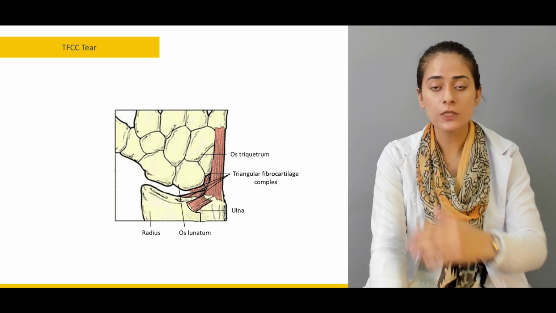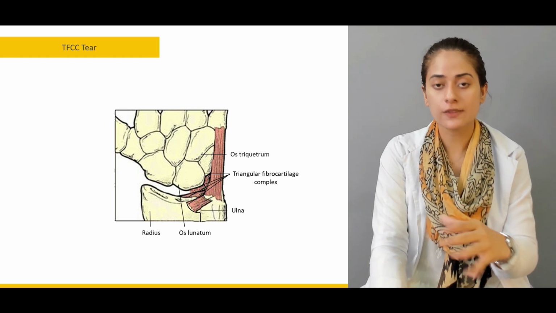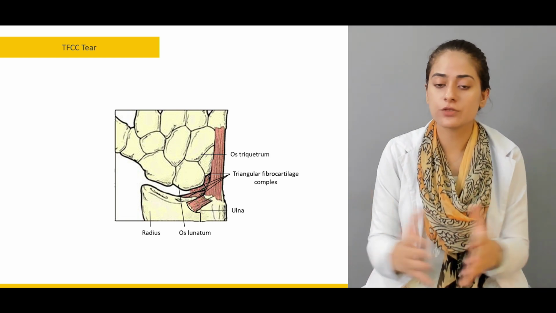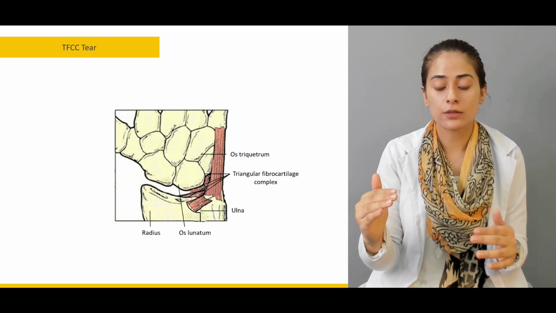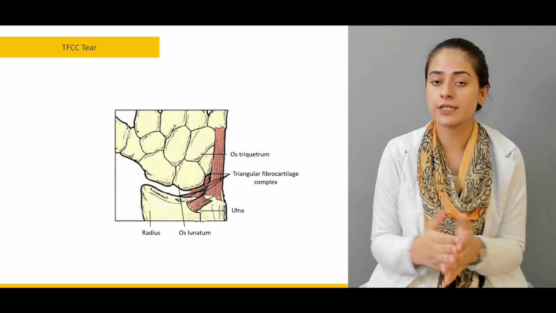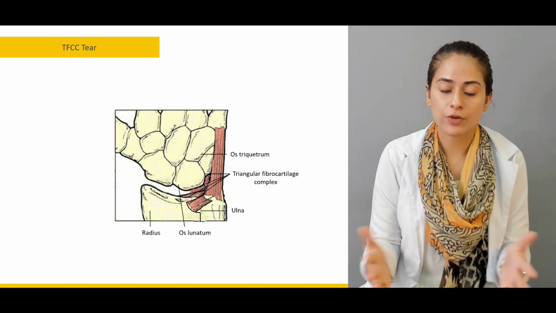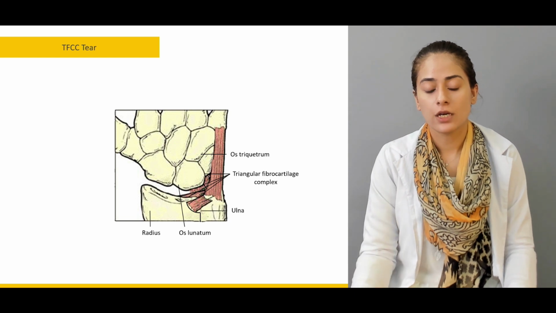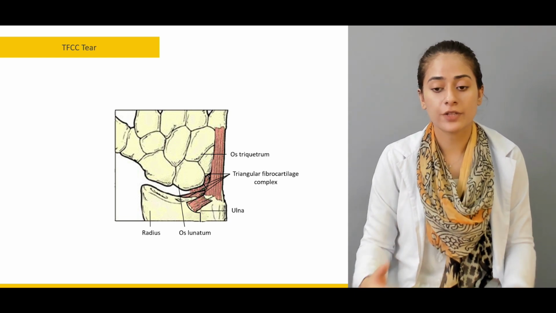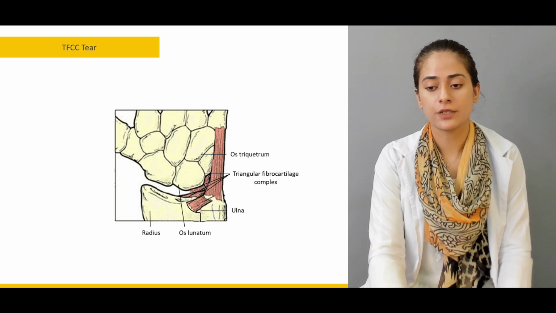So a tear of any of these, or all of these, results in a TFC complex tear, and depending on how many and what form of tear it is, we call it a severe rupture or severe tear or a complete tear, depending on how many of these ligaments are involved and the severity of their involvement.